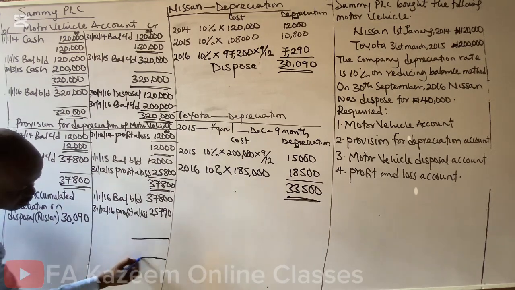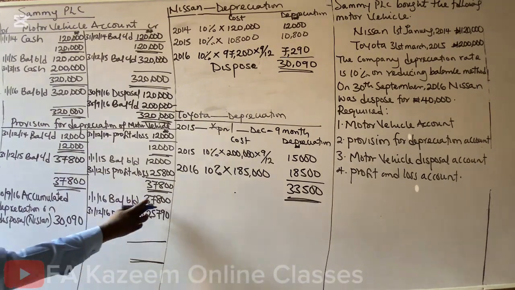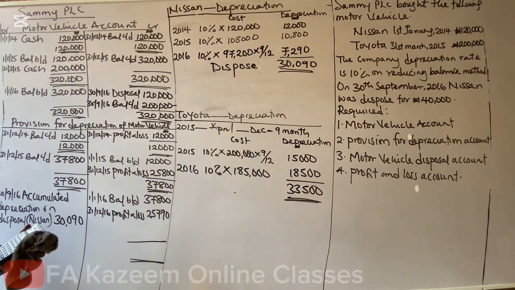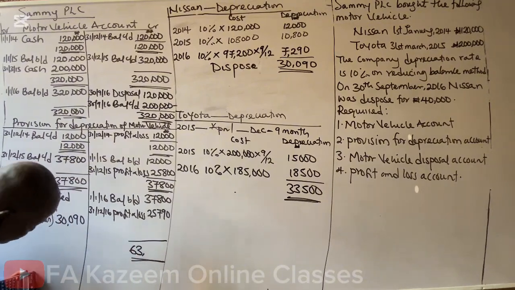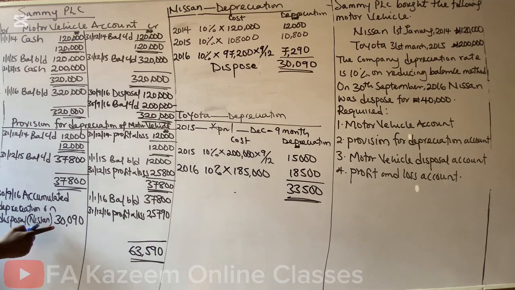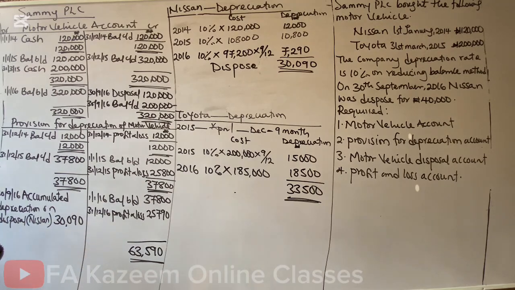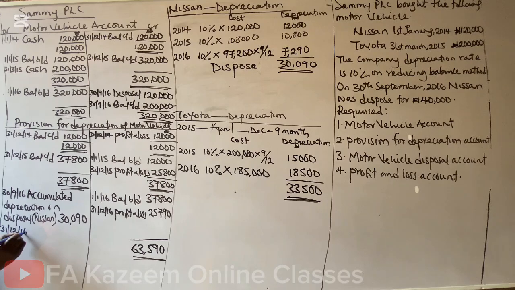Let's now find the total so that we'll know the depreciation that is remaining. We said 37,800 plus 25,790. That will give us 63,590. That's the total depreciation of the two assets. But let's minus the one that has been disposed of, minus 30,090. We are going to be having a balance on 31st December 2016.